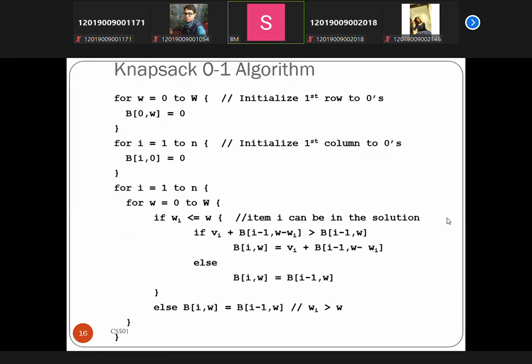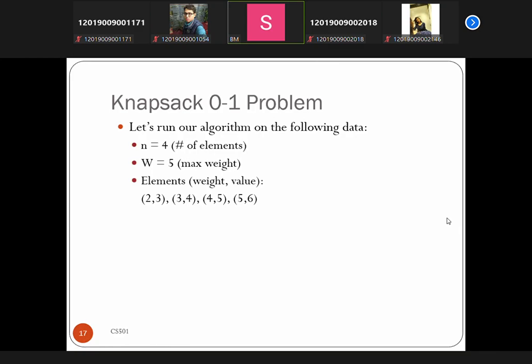I'm just showing you one step. These are the elements with their weights: 2, 3, 3, 4, 4, 5, meaning weight and their value.